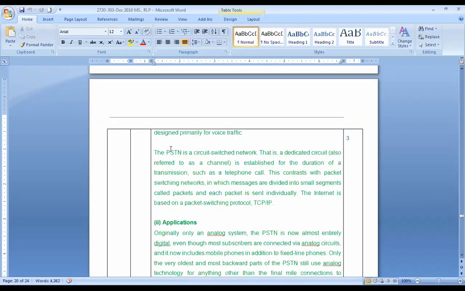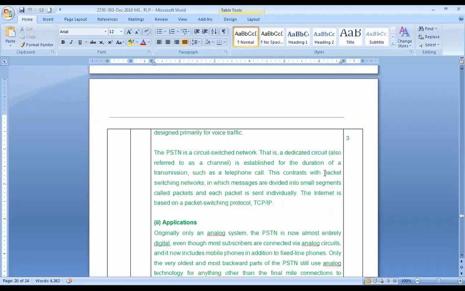So the PSTN is a circuit switched network. As I mentioned, it has a special circuit, or I can say a dedicated circuit. Sometimes we can also refer to it as a channel. This was established for the duration of a transmission, such as a telephone call, and this contrasts with packet switching networks.